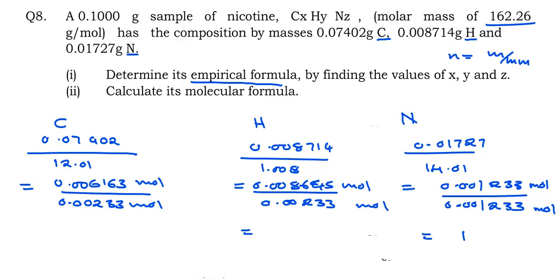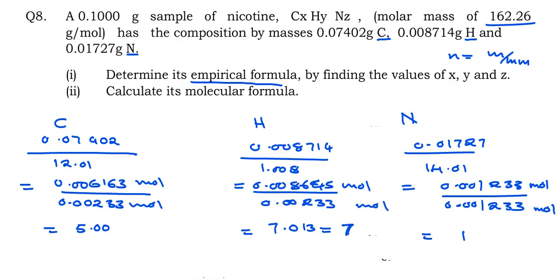For hydrogen, we are getting 7.013, which can be written as 7, because we just want a whole number. For carbon, we are getting 5.0.